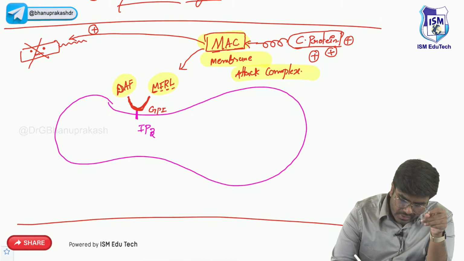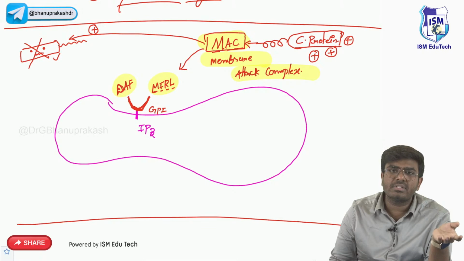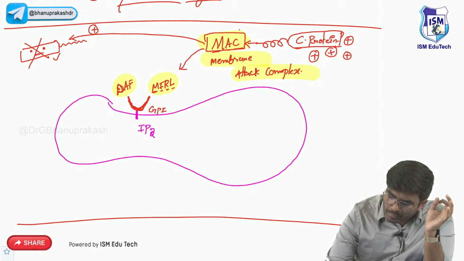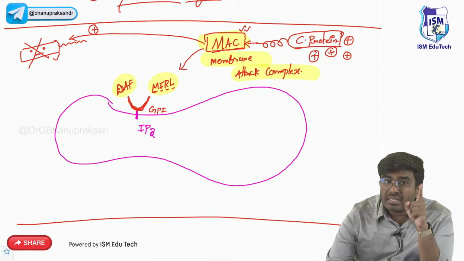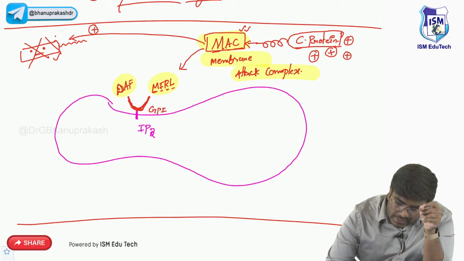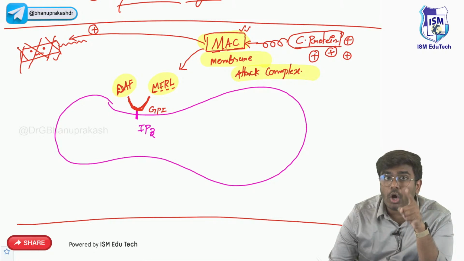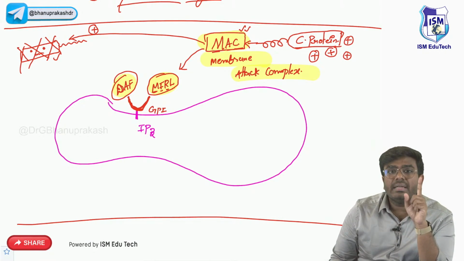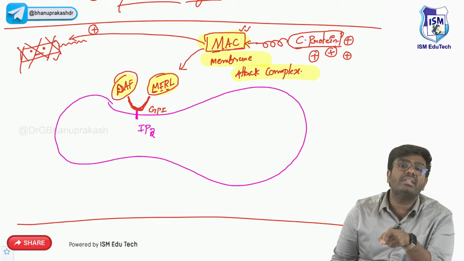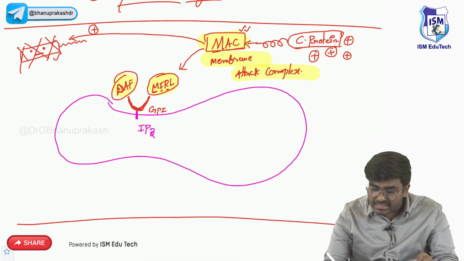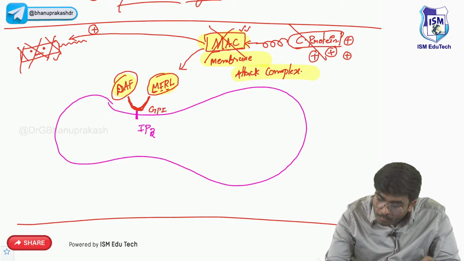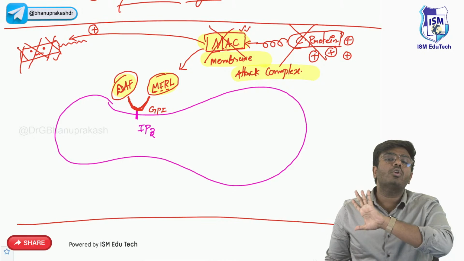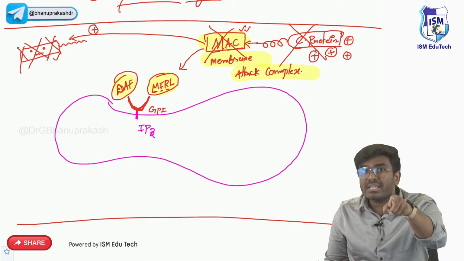Whenever there is sepsis or infection, the complement system is activated and the membrane attack complex is produced, but it only kills the bacteria, not the RBC, because on the surface of the RBC there are DAF and MIRL, decay accelerating factor and membrane induced reactive lysis. These two substances will inactivate the incoming complements, so that there is no problem to the RBCs, there is no hemolysis.